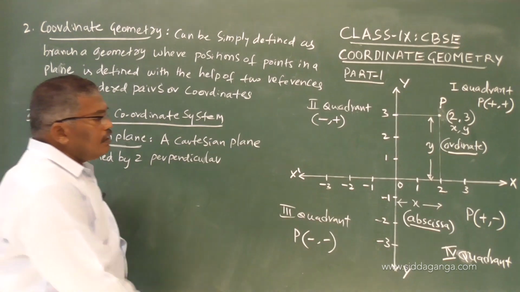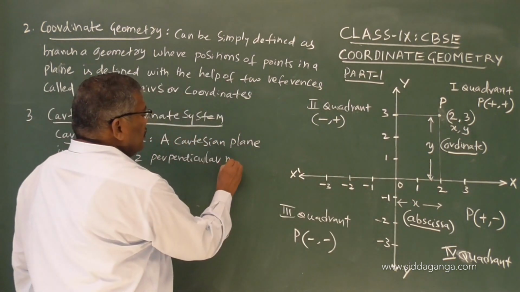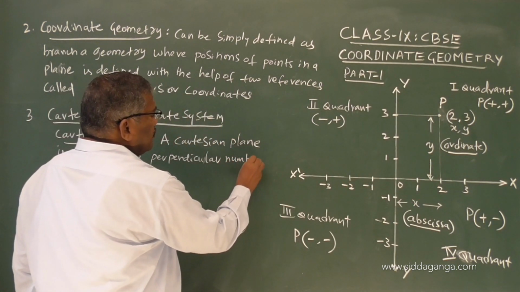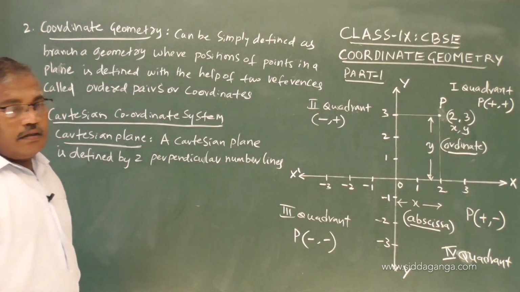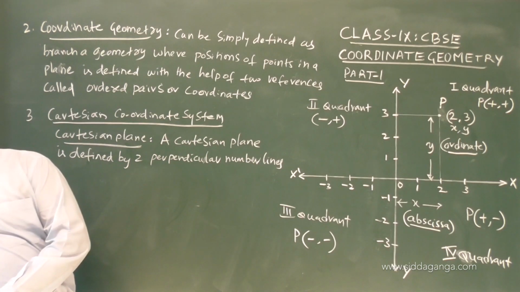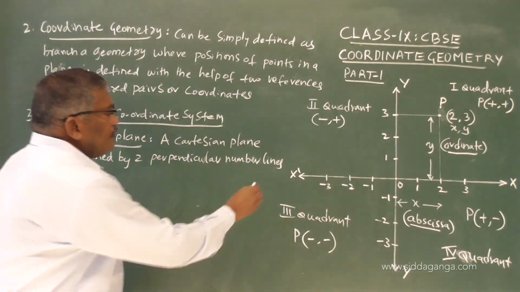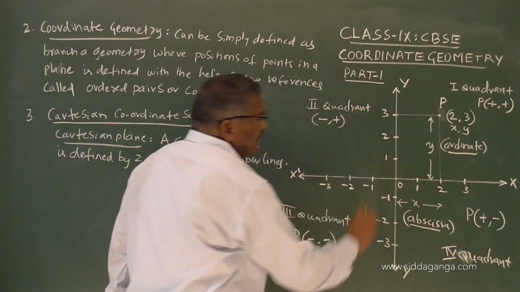They are nothing but number lines. Perpendicular means they are at right angle.